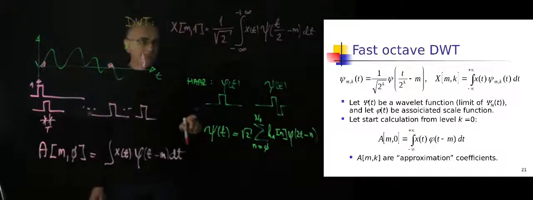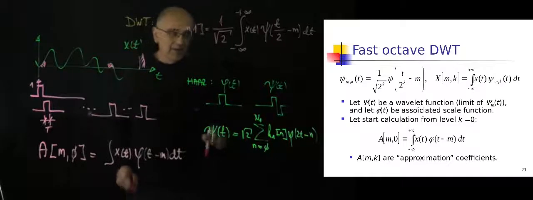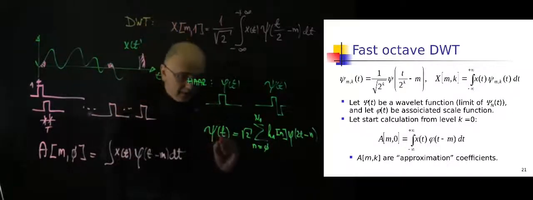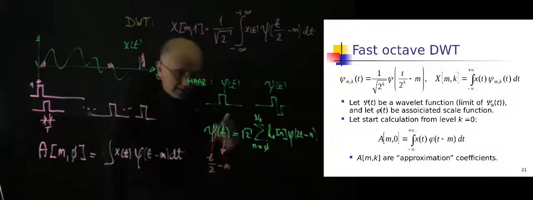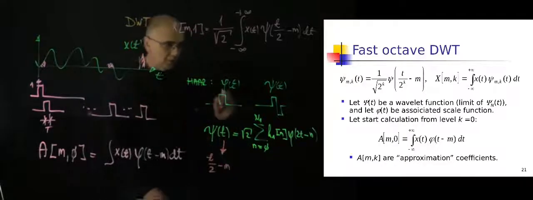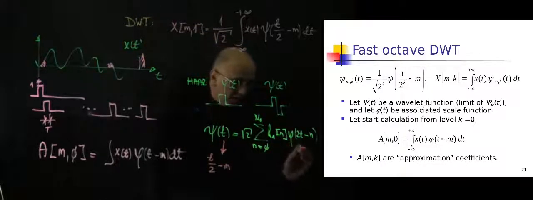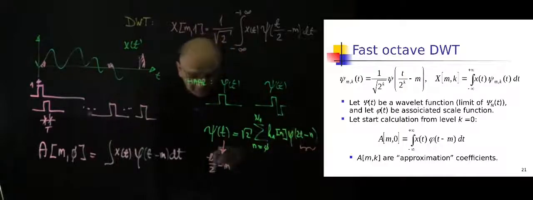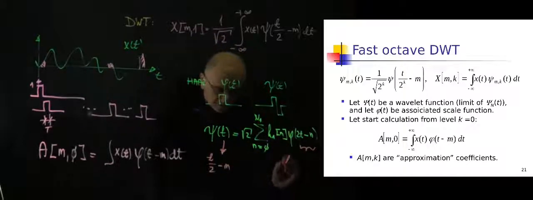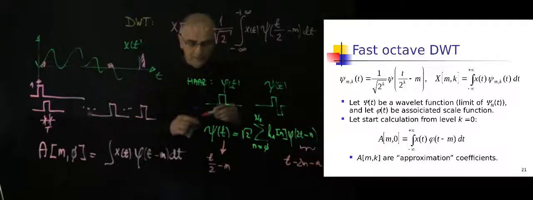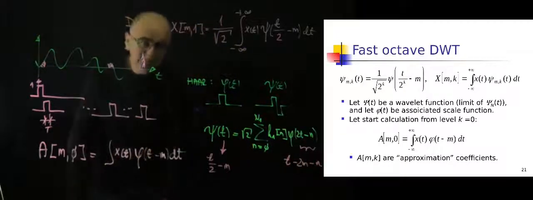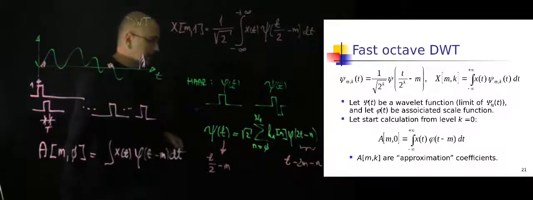Then what I need is to put t over 2 minus m instead of that t, which means that right here I'm going to have 2 times, it's going to be t minus 2m instead of 2t, and of course minus n remains unchanged. So let's go on with our slide.